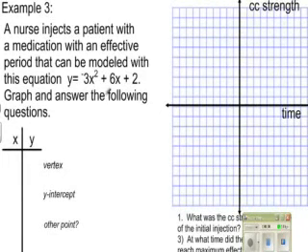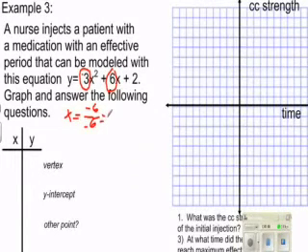First of all, in order to graph it, we would find the vertex. Vertex we find by first finding the axis of symmetry. So we say x equals negative b over 2a. So negative 6 over 2 times negative 3, which is also negative 6.